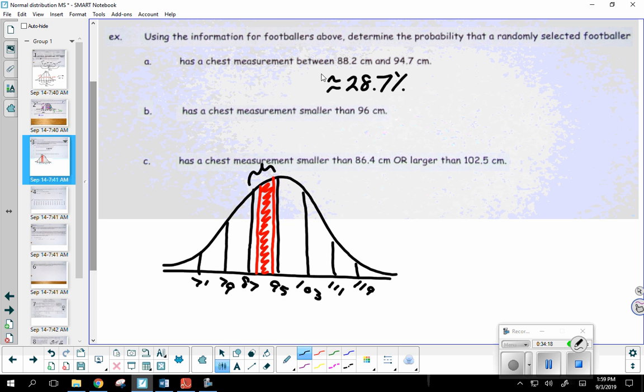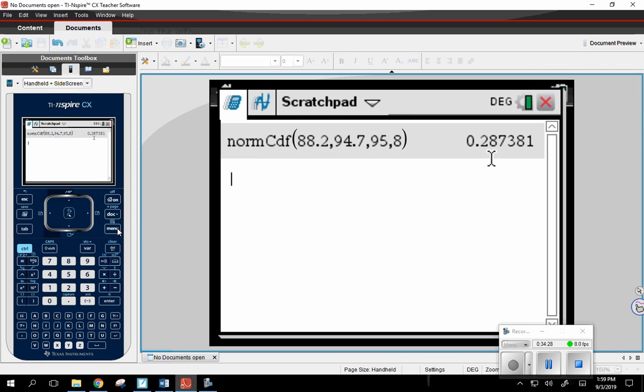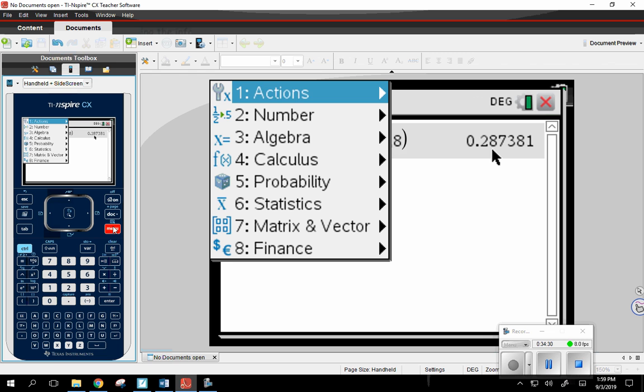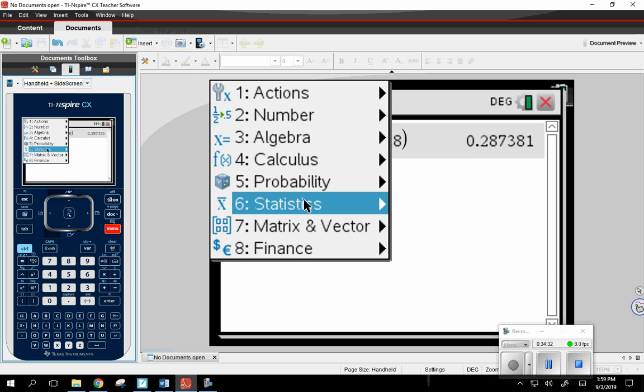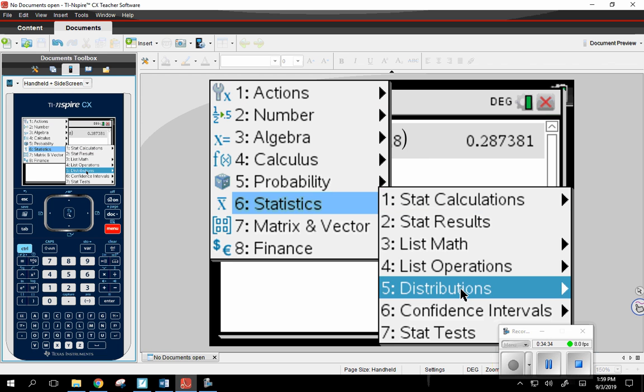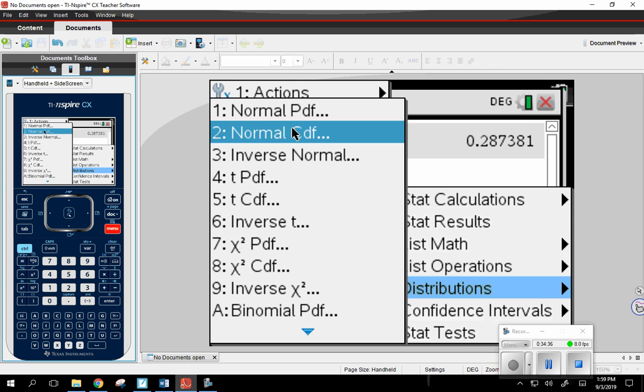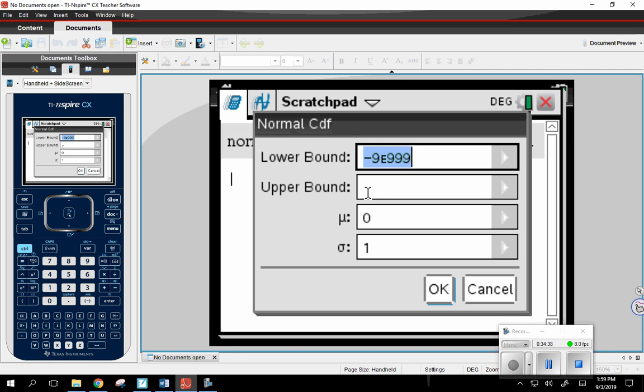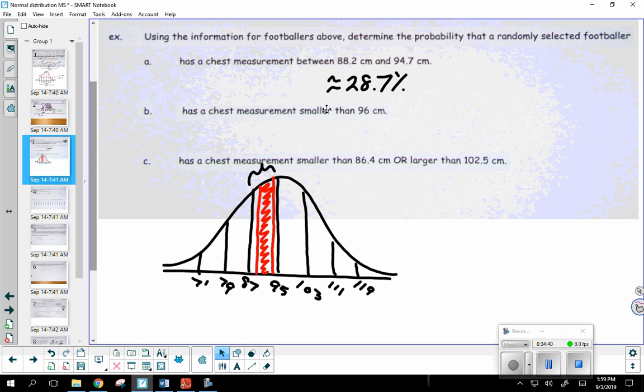So let me go back over here to the calculator. No matter what type of question you're being asked, you always use the same keystrokes. So I went to menu. I forget again, where was it? Statistics, distributions, normal CDF. Now, what would you say this value is right here?